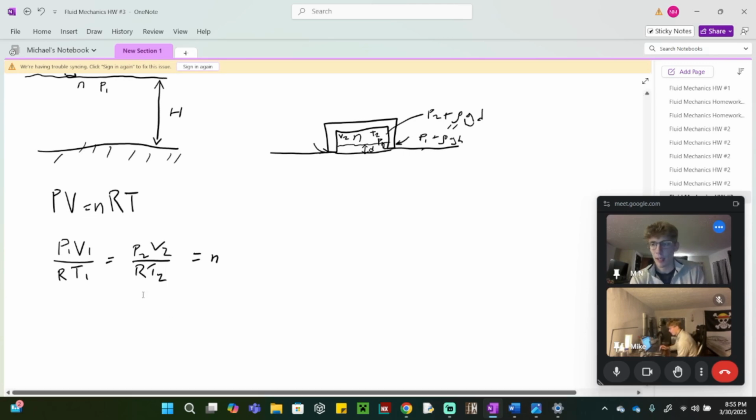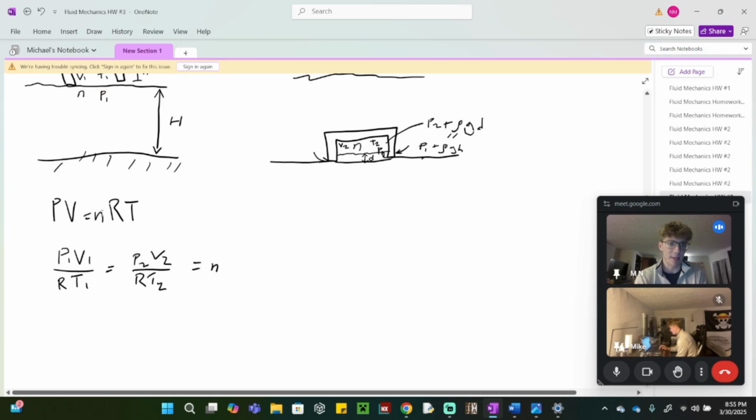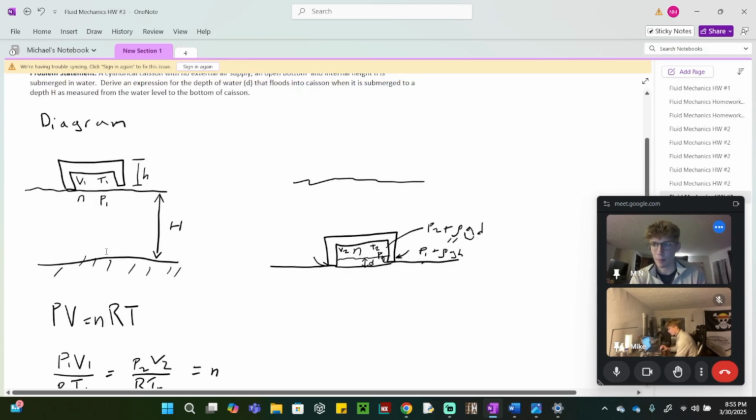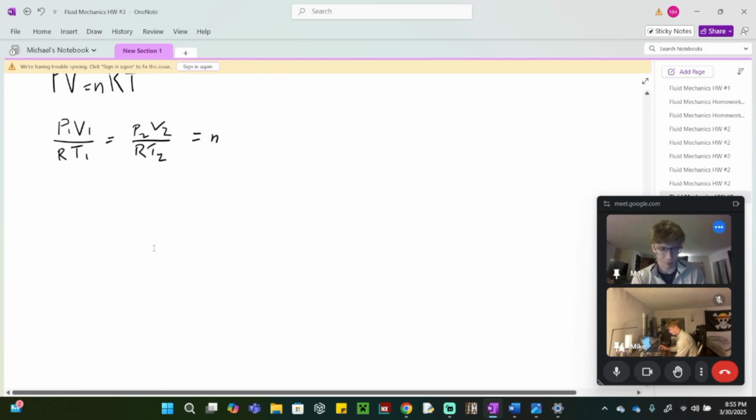Now, if we think about the volume as an area times a height, and the height in this case being small h, we can simplify this equation a little bit more.